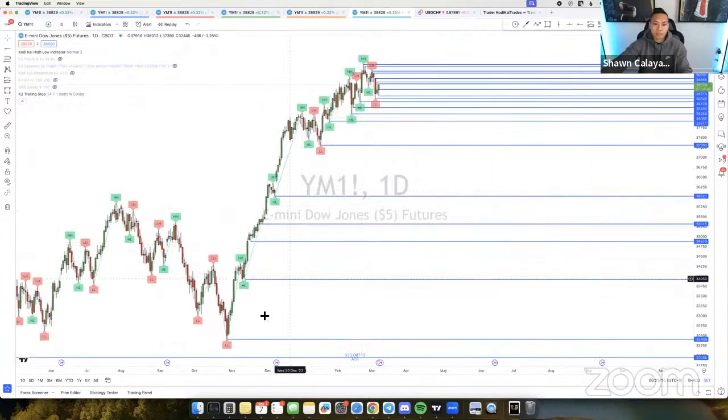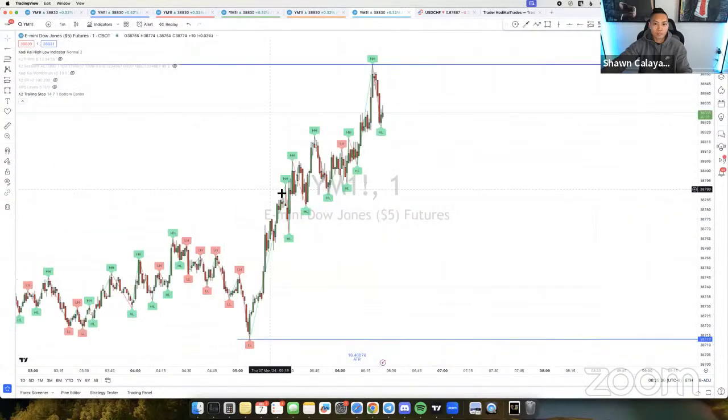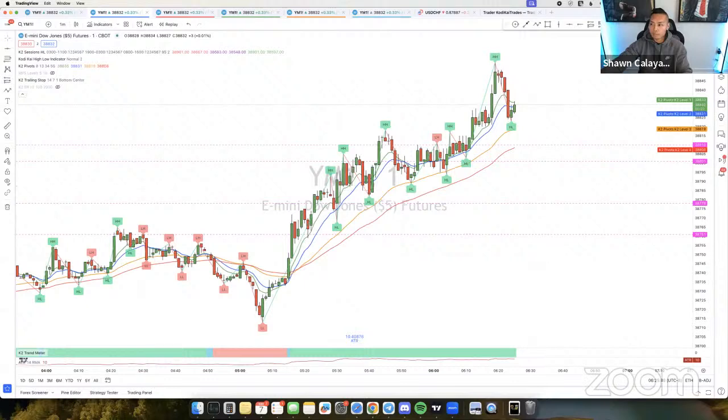I could leave all these lines marked up for the whole week, but I personally like doing them fresh because it forces you to look at the levels of liquidity and requires you to actually do some analysis before the market opens. If you want to leave them up, you're more than welcome to. But for me personally, I always clear out the chart. It only takes me a minute or two to mark up liquidity, so it's not a big deal for me. It's all up to preference, whether you leave them up or mark them up fresh every morning like I do.